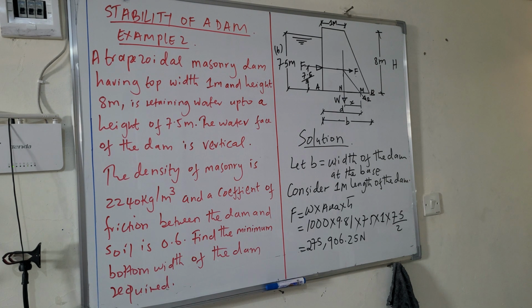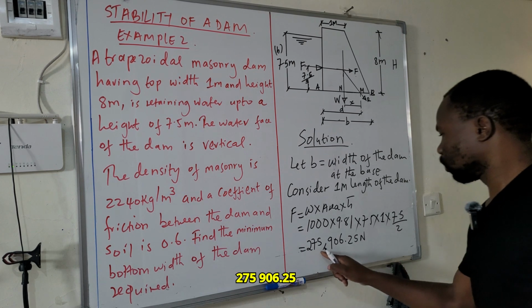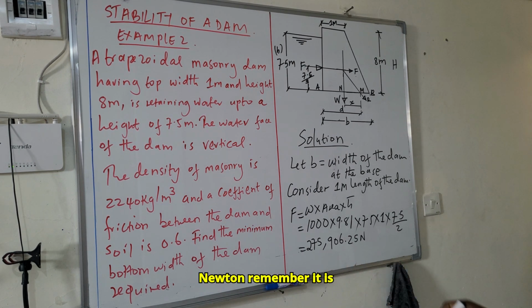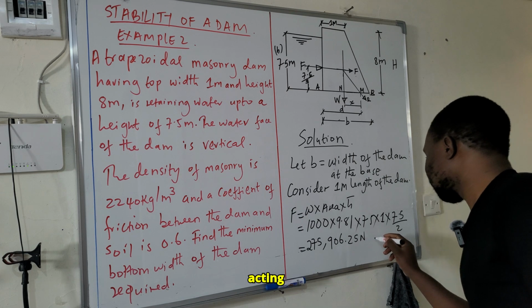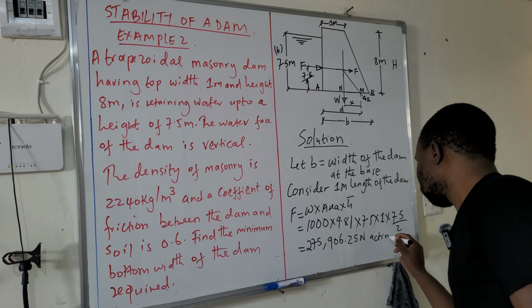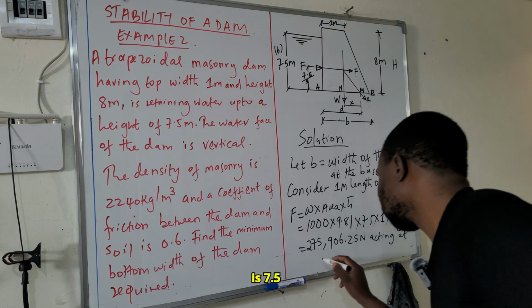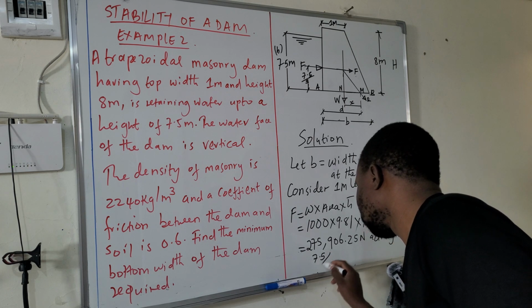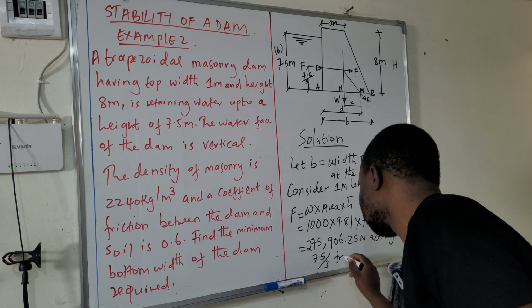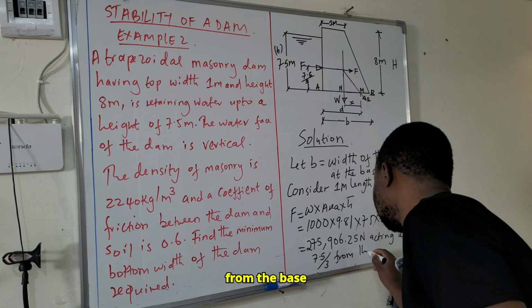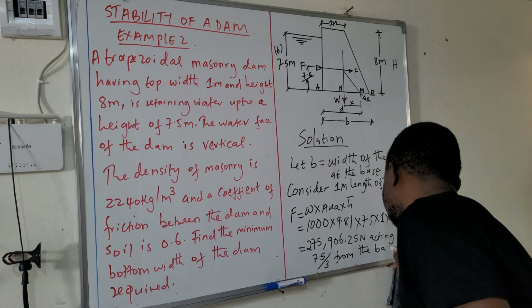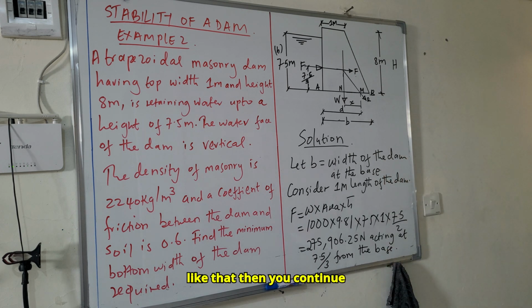So the answer is 275,906.25 Newton. Remember, it is acting at h over 3, which is 7.5 over 3 from the base, like that.